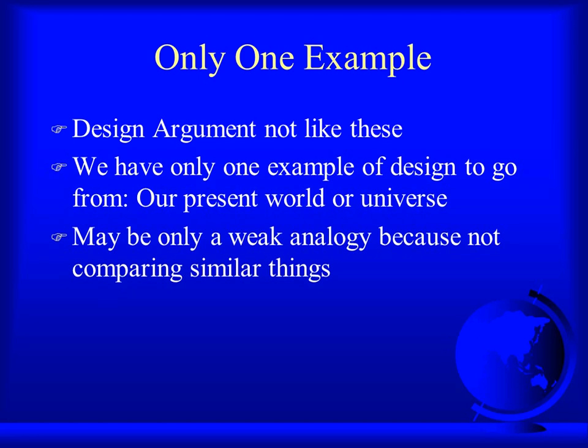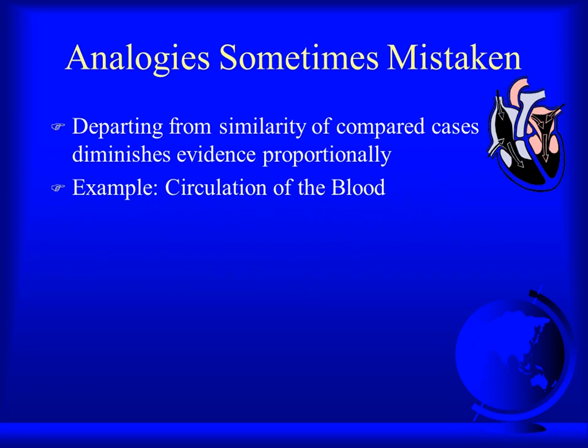So it may be only a weak analogy because we're also not comparing similar things. We're going to see that Hume tries to make the point that it's different to compare the design of the universe to the building of a house, for instance.